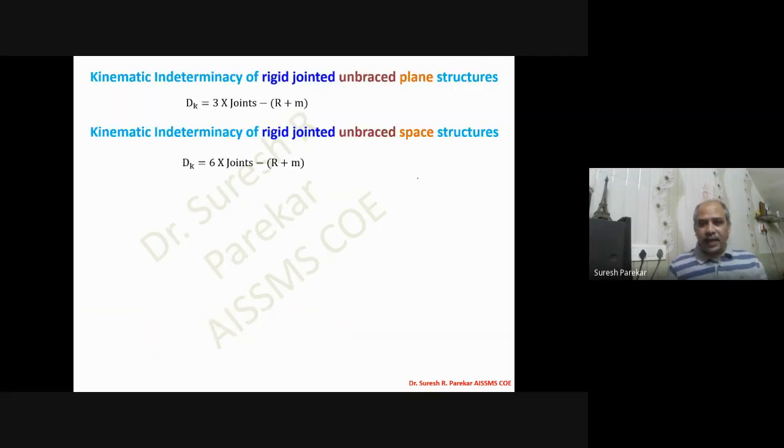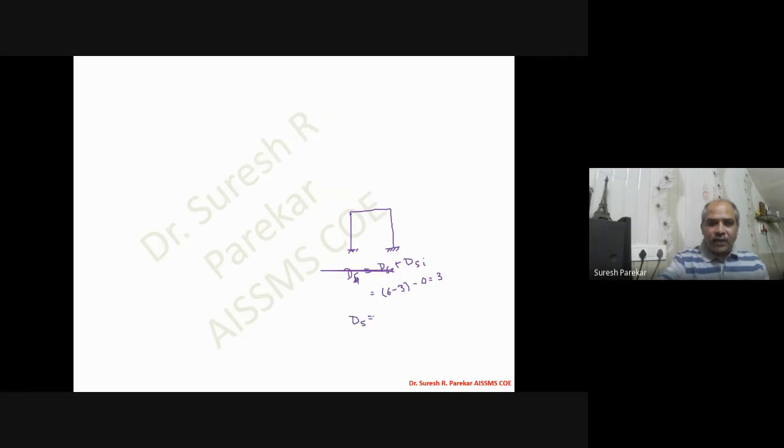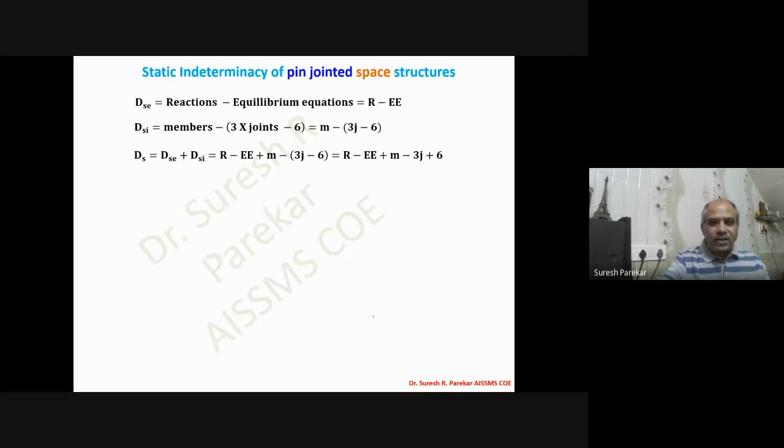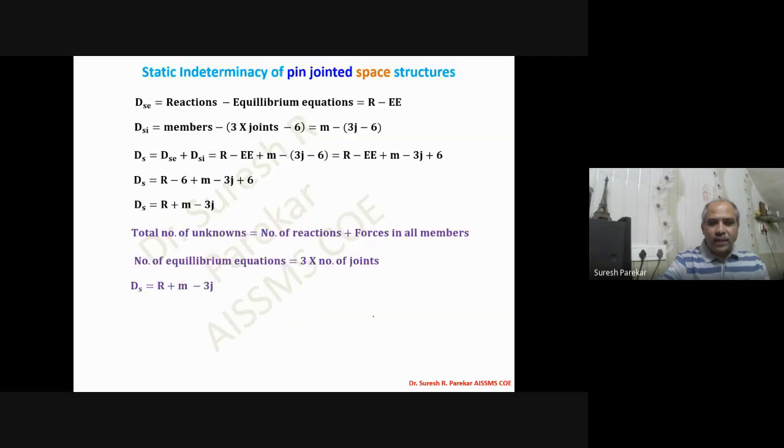I will not go through many problems, but I can take one problem here. If I write ds first, then we have dse plus dsi. Now dse is r minus the equilibrium equations, 6 minus 3, and dsi is 0, so we have 3. Now if I go with the formula for static indeterminacy of plane structures, we have r plus 3m minus 3j.